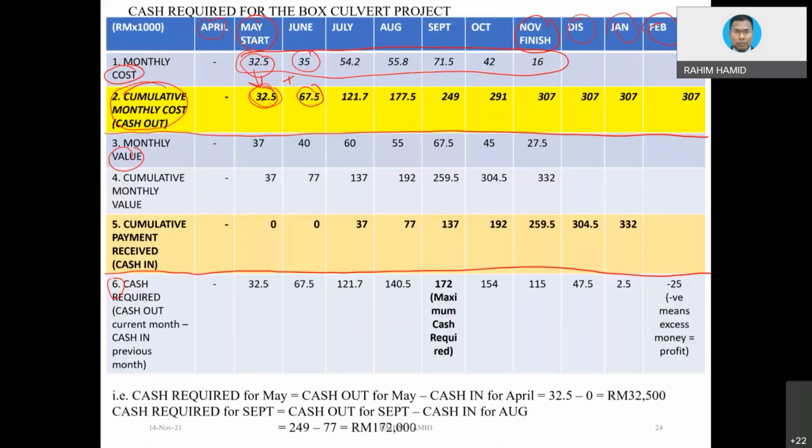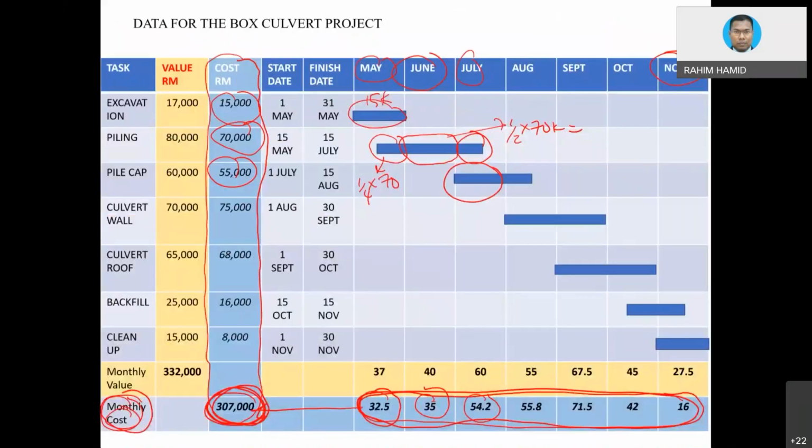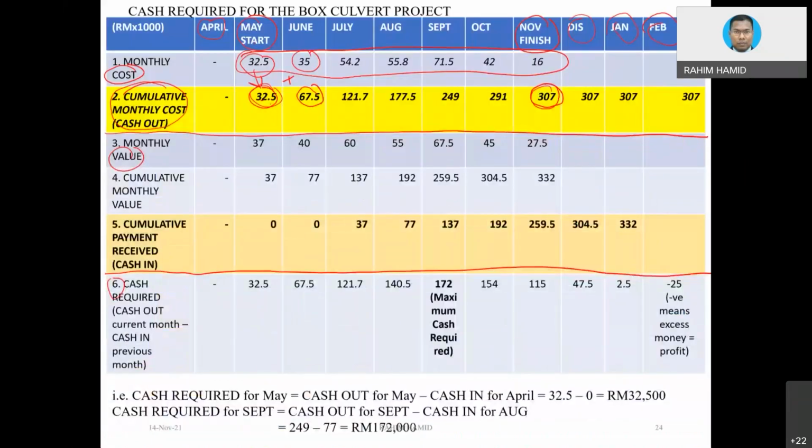This is what we call cumulative monthly cost. And if you notice, at the end of November, it is 307. 307 is equivalent to the 307 that we already calculated. You see, it's the same thing. You should get the same thing, because what we are doing is basically manipulation of the data to make it in terms of monthly and then cumulative.